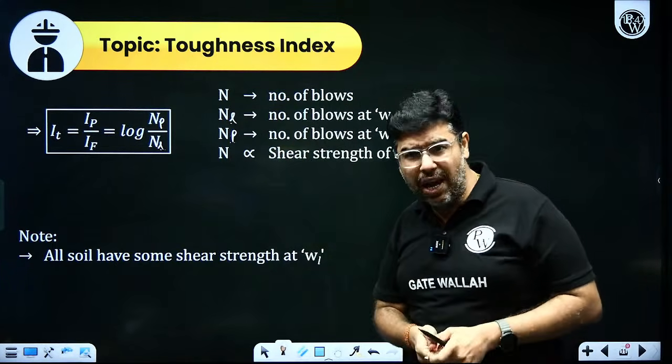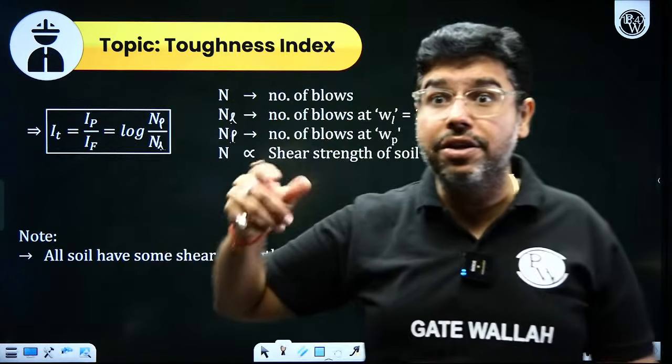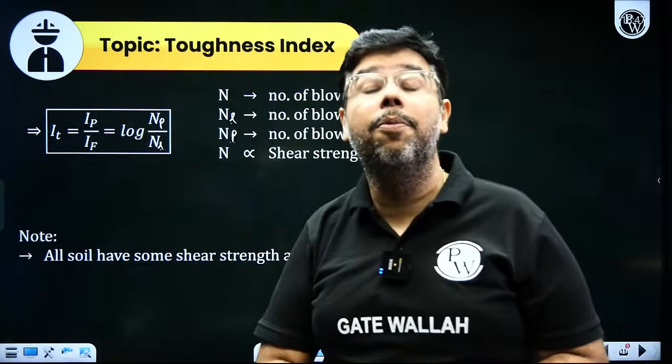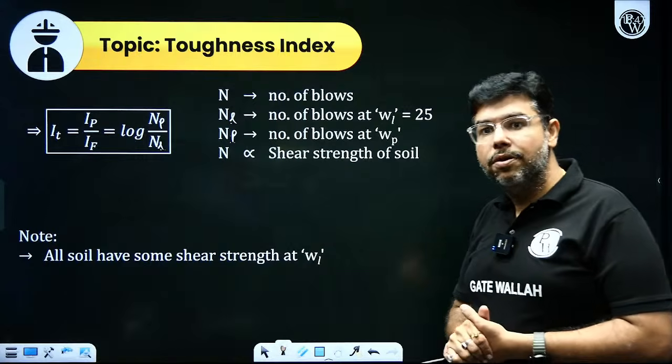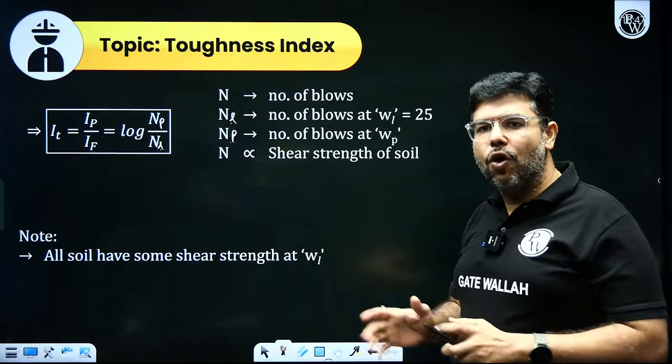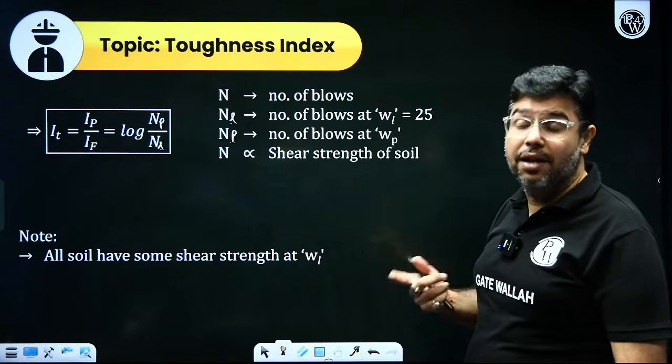Only NP will change. So, if IT is more, I can say that NP is more, that is, the shear strength of the soil at plastic limit will be more, because you will require more number of blows at plastic limit. Therefore, all soils have the same shear strength at liquid limit, because NL is constant.